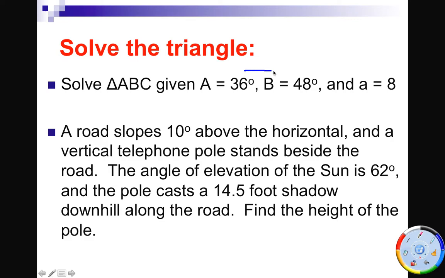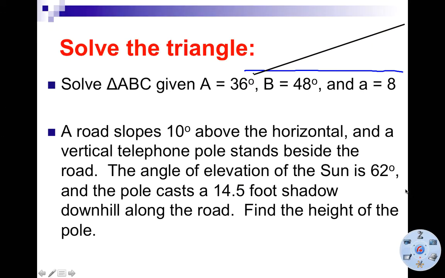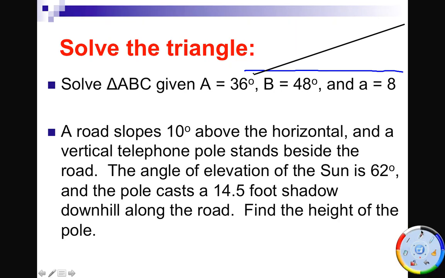So here's flat ground. And I know the road slopes at 10 degrees above the horizontal. So here is my road, and I know it goes up at 10 degrees.